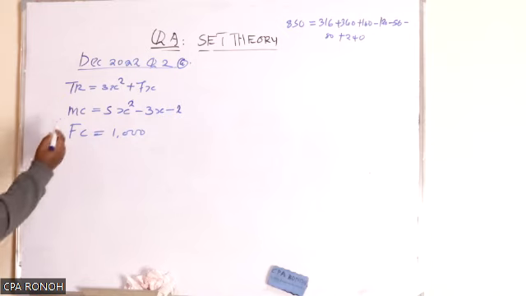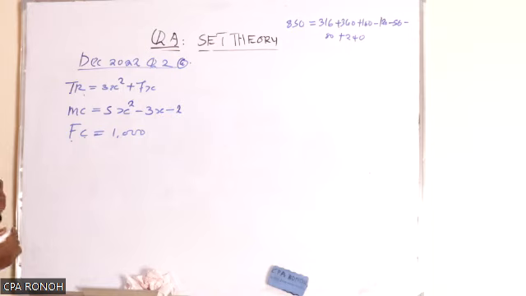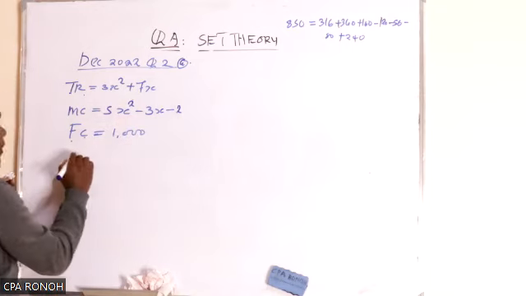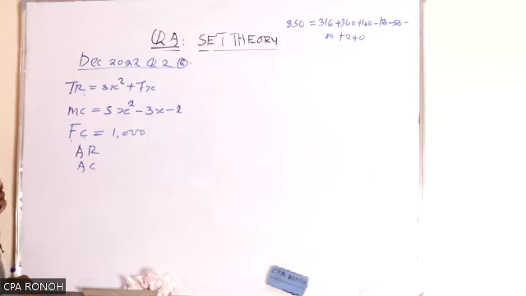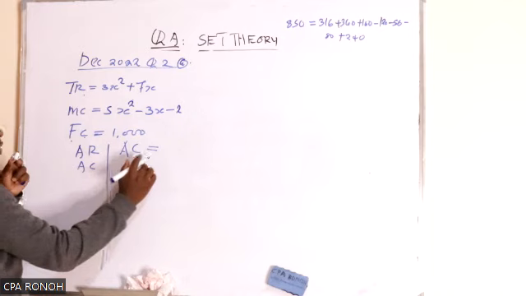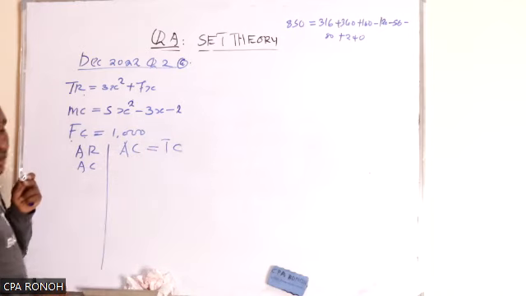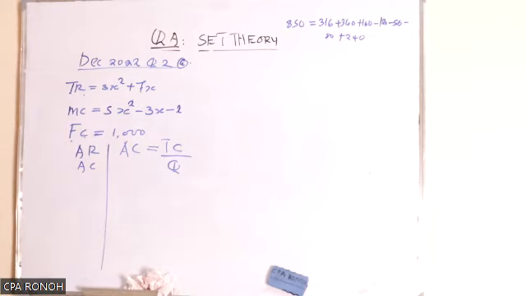So given that we have the TR, the marginal cost and fixed cost, how can we get the average? They are asking for average cost and average revenue functions. To get the average cost, you take the total cost and divide by the total quantity.